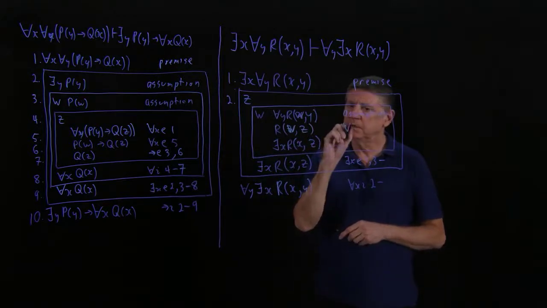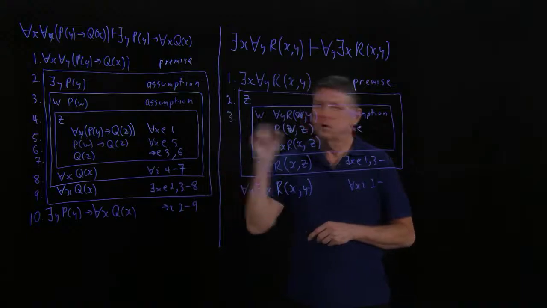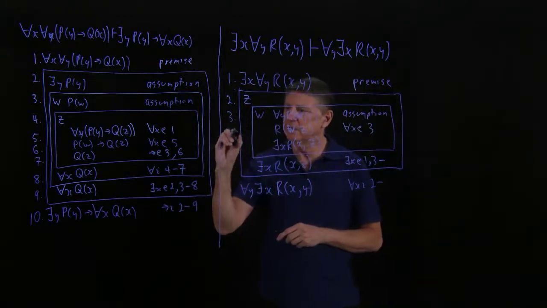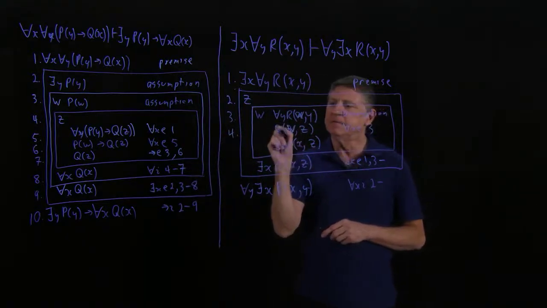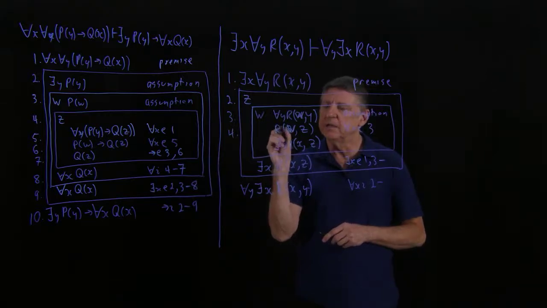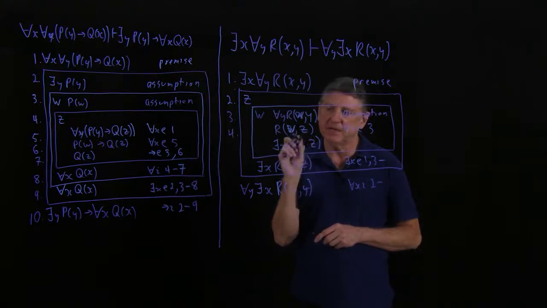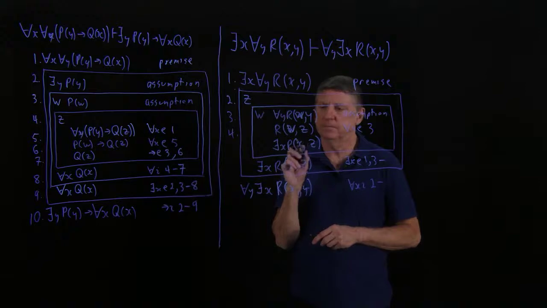And that would be universal elimination based on line 3. So that line is justified. That is now line 4. And if I have a relation that is holding between, now I have two specific fresh variables that I'm mentioning, and I could existentially quantify either one of them.